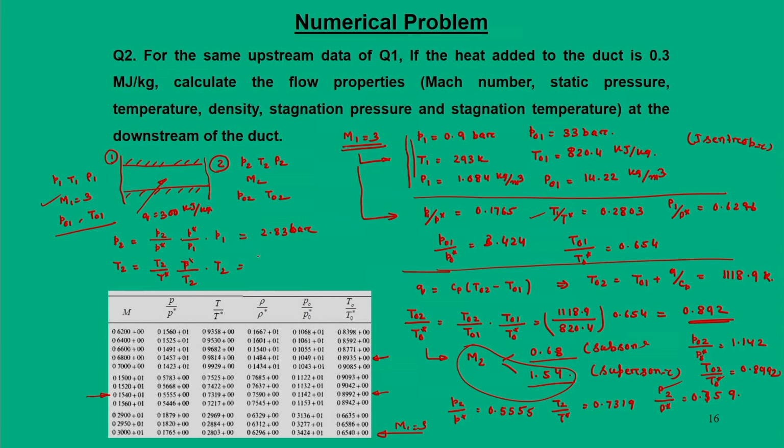So, we can say T2 is 765 Kelvin. Likewise, I can compute P naught 2 as 11 bar, rho 2 as 1.306 kg per meter cube and rho naught 2 as 3.47 kg per meter cube.